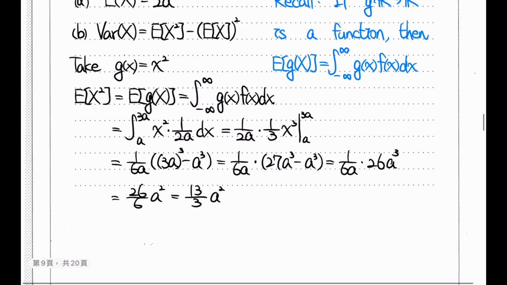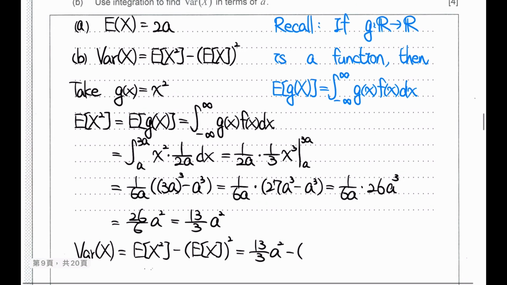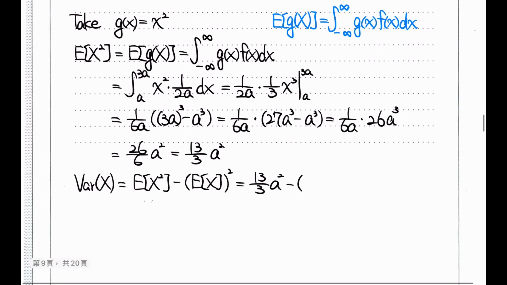Okay, so the variance of x is this expectation of x squared minus the square of its expectation. So the first part is 13 over 3a squared, and then we minus the square of the expectation, which is the square of 2a.